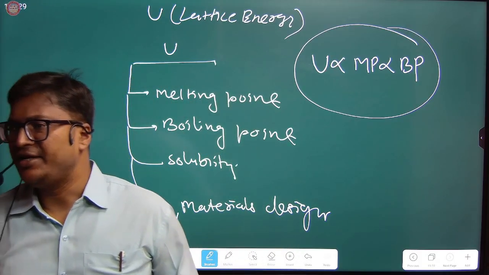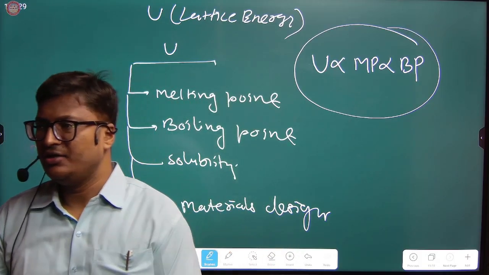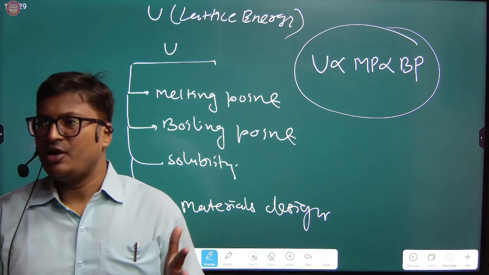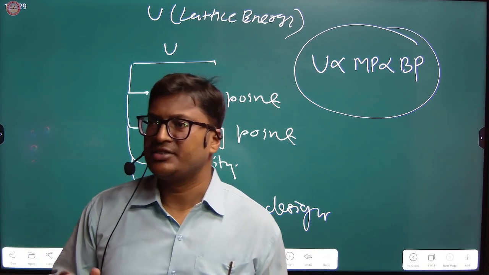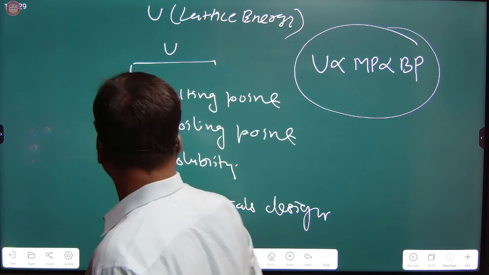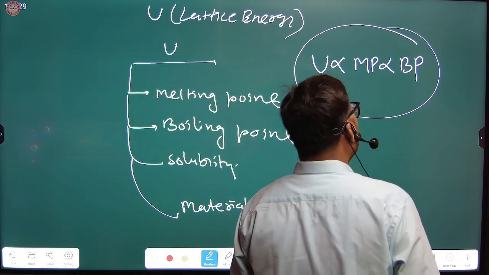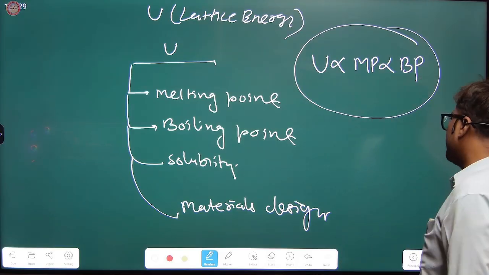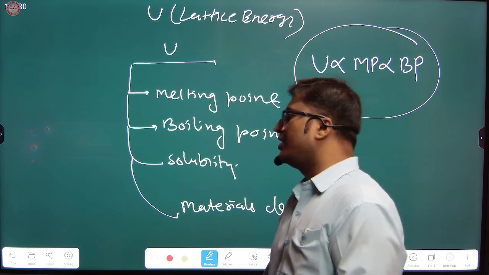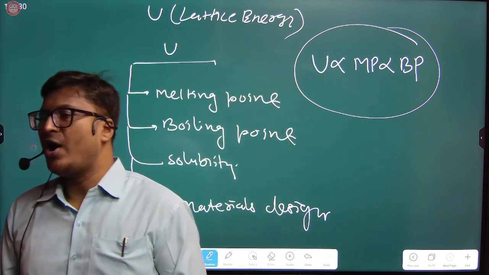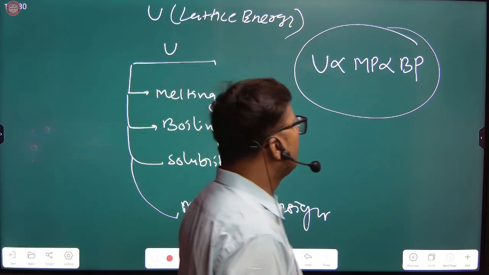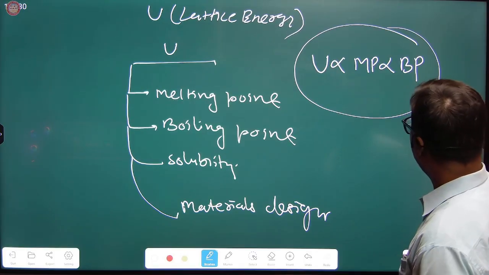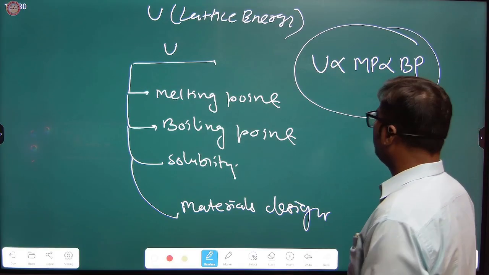It means there is a high degree of electrostatic interaction between the cation and anions. So the crystal structure is more stable, more ordered, more crystalline, and has higher boiling and melting points. So the greater the value of lattice energy, the higher the melting and boiling point of the ionic solids, right?